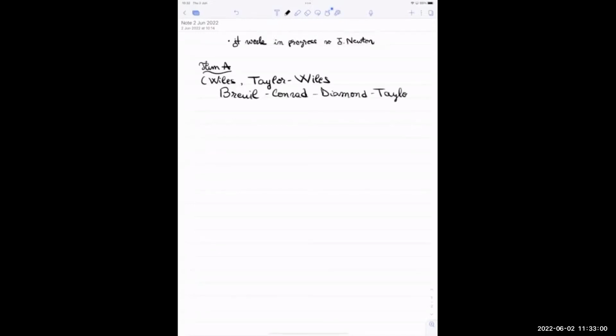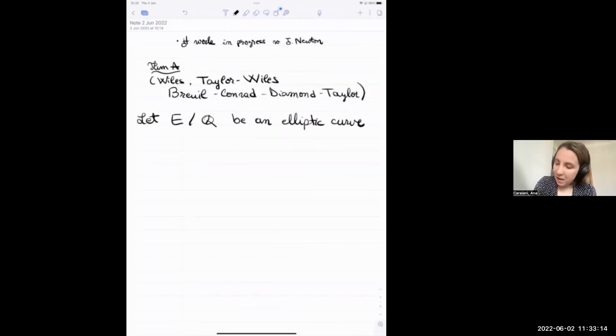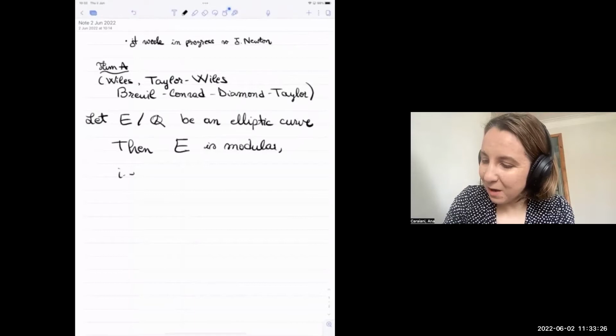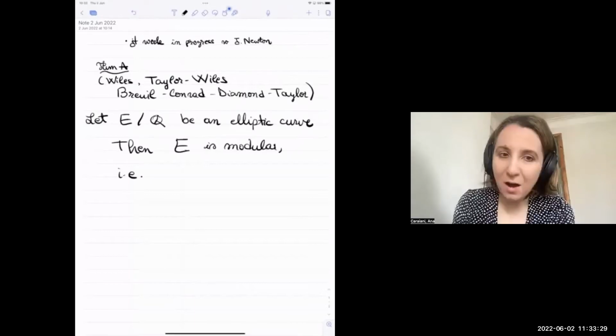And this says that if you have a rational elliptic curve, then it's modular. And well, this can mean a couple of different things.